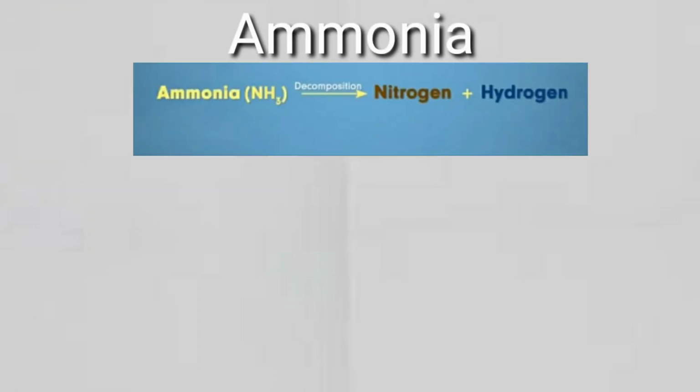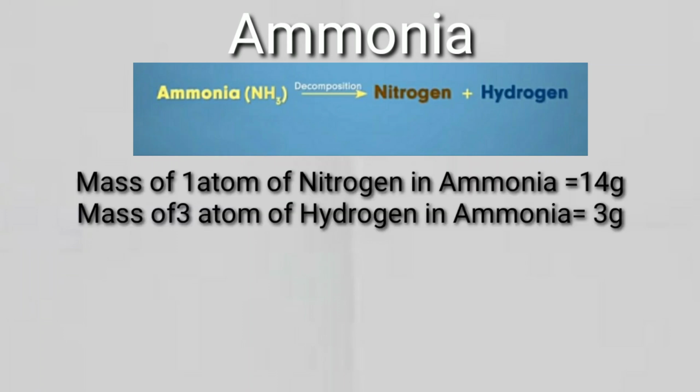Let us illustrate the same with the help of another example, ammonia. Let us decompose ammonia, NH3, into nitrogen and hydrogen and find out the ratio of the masses of nitrogen and hydrogen, that is 1 nitrogen and 3 hydrogen in the compound ammonia.